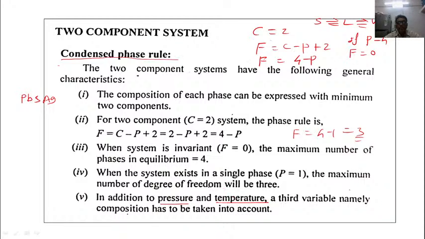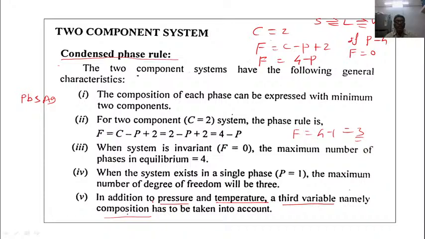Now in this case, if for a single phase the degree of freedom becomes equal to 3, we have to take the third variable here, and that third variable is composition or concentration. Composition has to be taken into account. It means that we have to add the third variable. So in the phase diagram we have to represent 3 variables: pressure, temperature and composition.